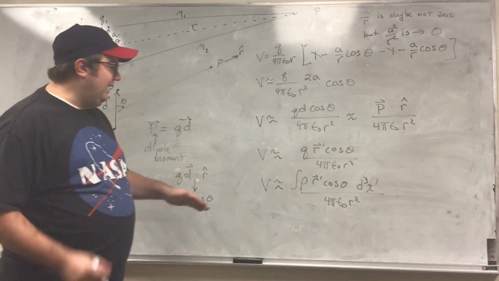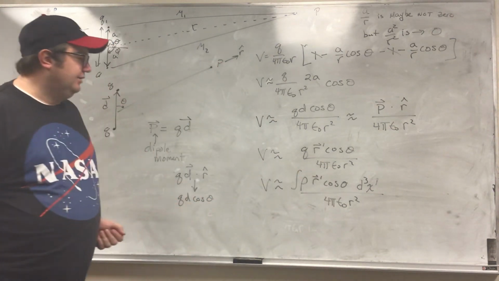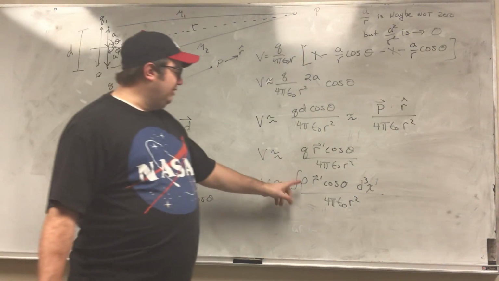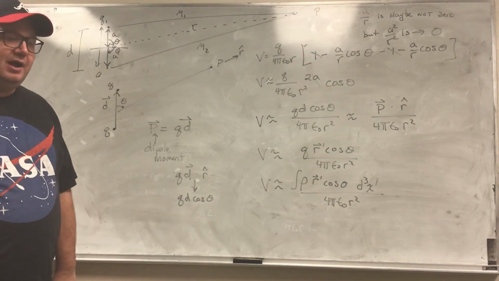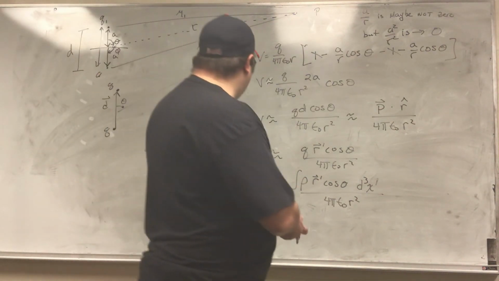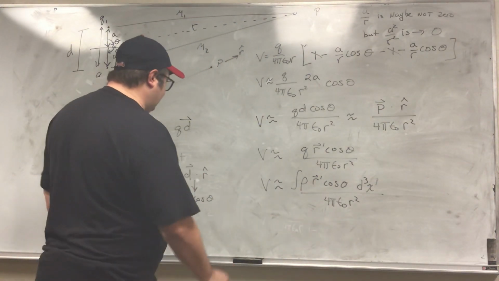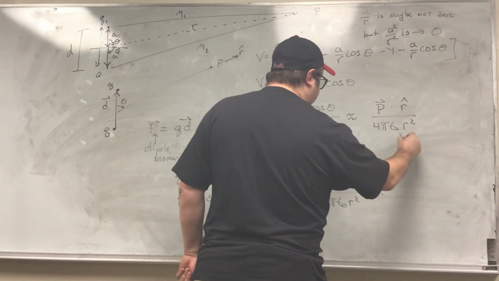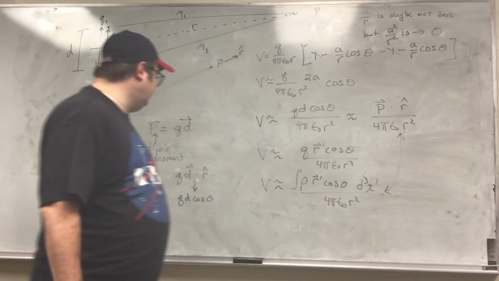And when I do that, I can get this very cute equation here. Now I'm going to have this integral over the primes, and I can take this dipole moment equation and keep this same form, connecting these.